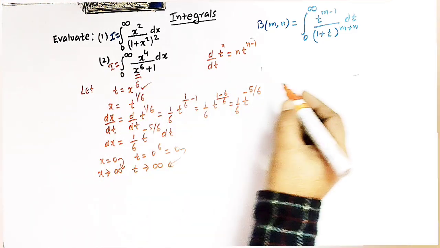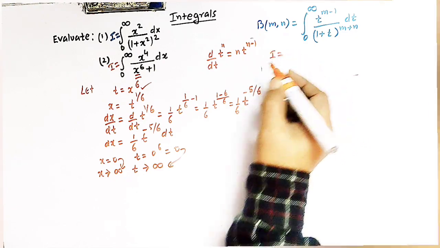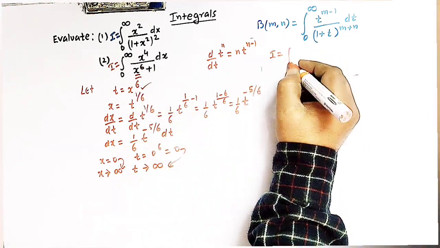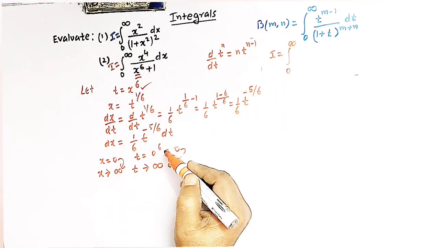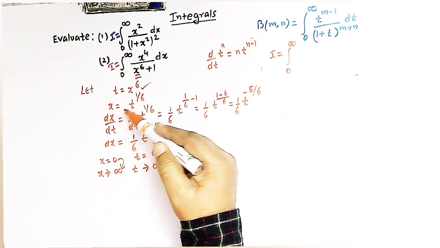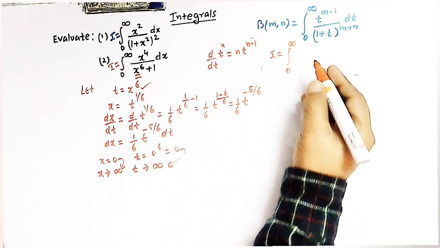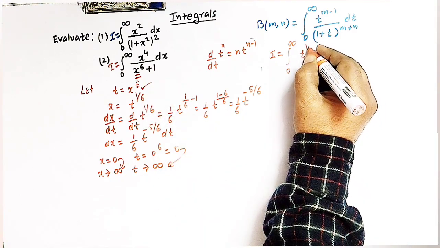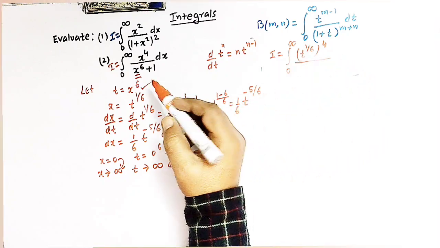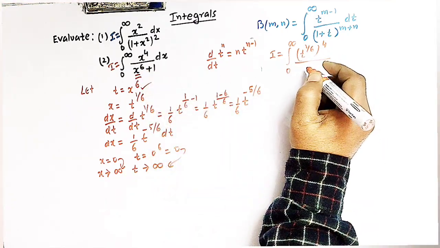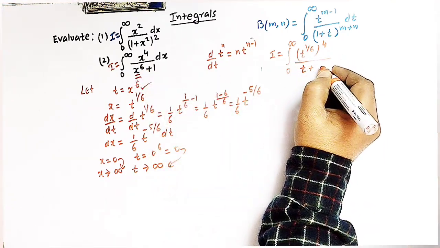So now let us write this integral I in terms of t. So we have 0 to infinity, then we have x raised to 4, right? So here x is t raised to 1 over 6. So we have t raised to 1 over 6, and then we have 4 here, and x raised to 6 can be written as t, and this is t plus 1.